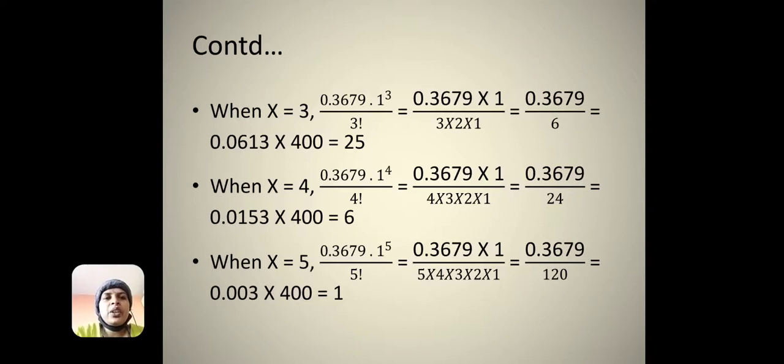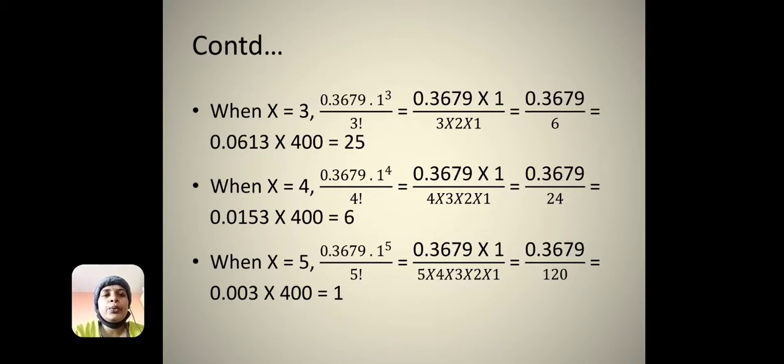When x is 3, it is 0.3679 into 1 cube divided by 3 factorial, that is 3 into 2 into 1. So the answer is 0.0613 into 400, equal to 25.